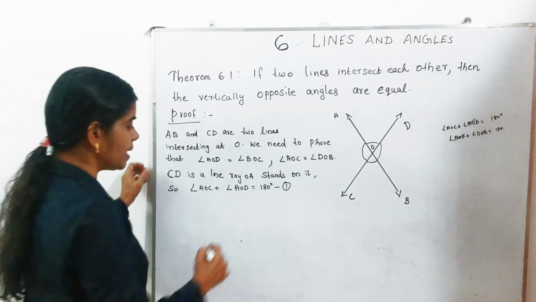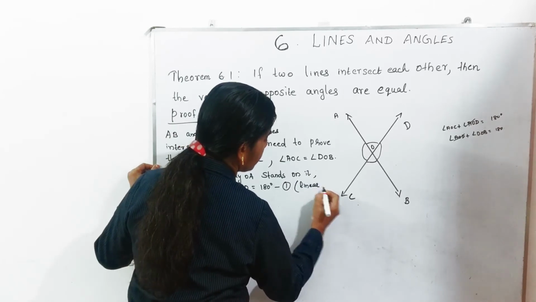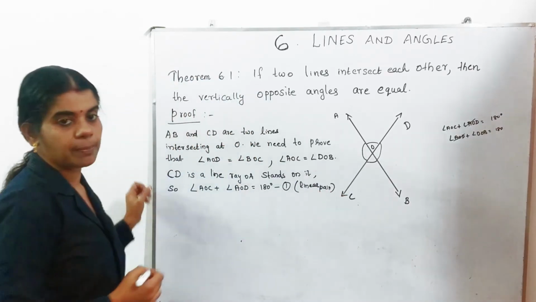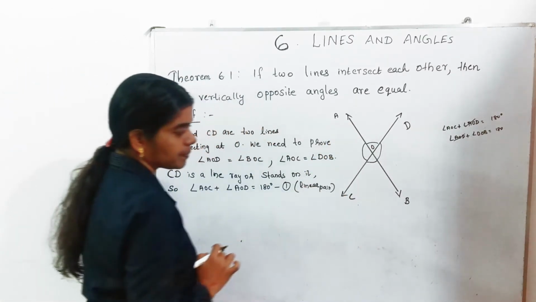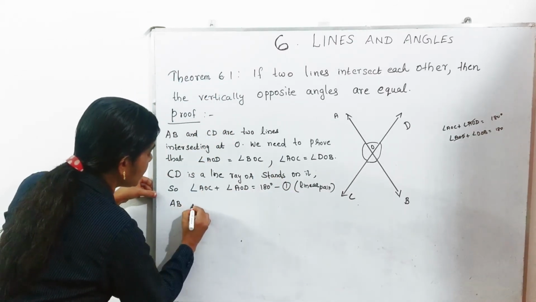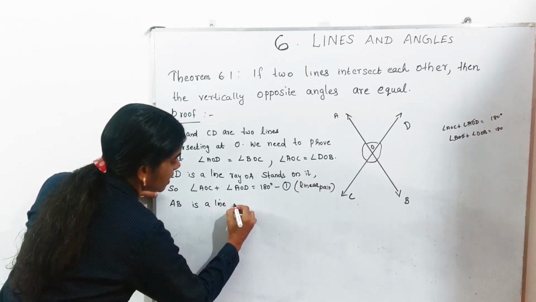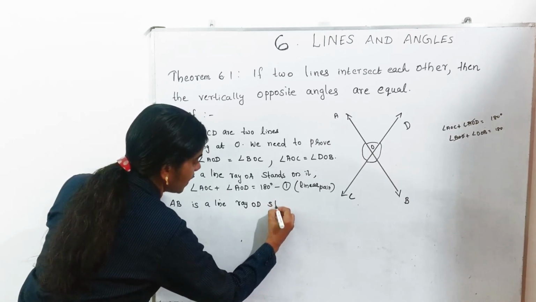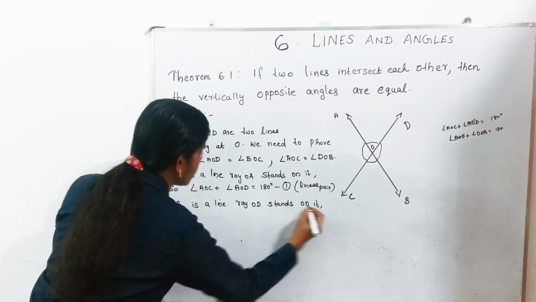What will be the reason? Linear pair axiom, or linear pair. Next, I am taking this AB. I am writing AB is a line. Which ray is standing? Ray OD stands on it.